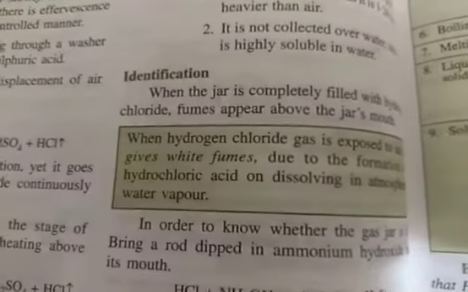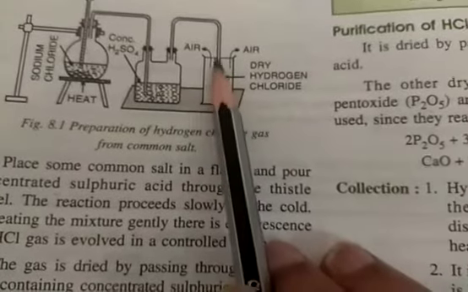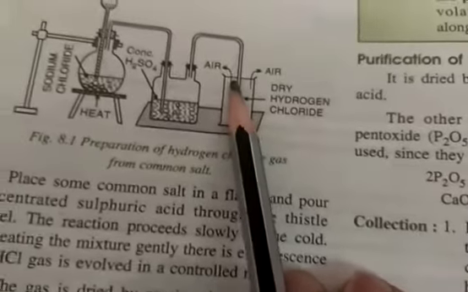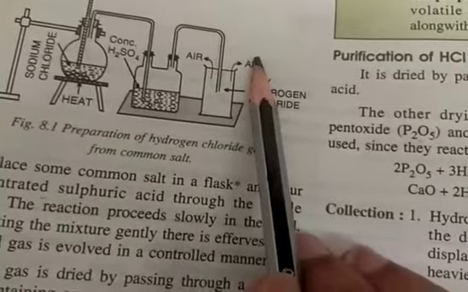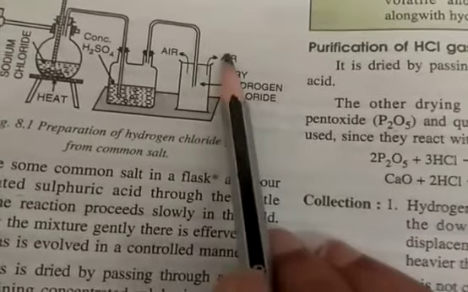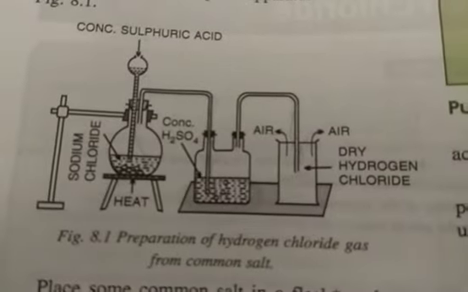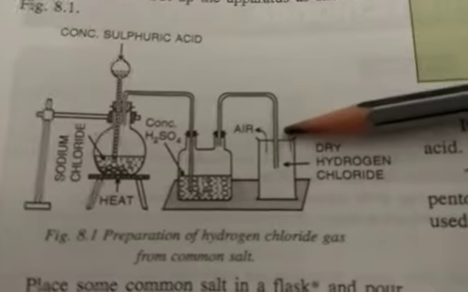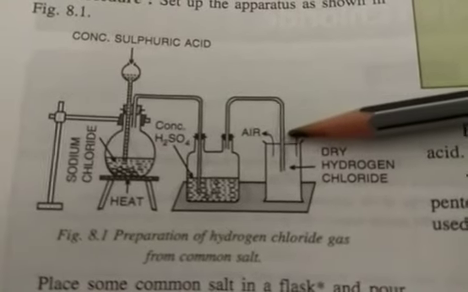Now how can we identify that HCl has totally filled this jar? If it is filled up to here, the HCl will come out in the form of fumes. And if still the fumes are not visible, then one more thing you can do is bring a glass rod. For example, consider this pencil to be the glass rod, and its tip has ammonium hydroxide.